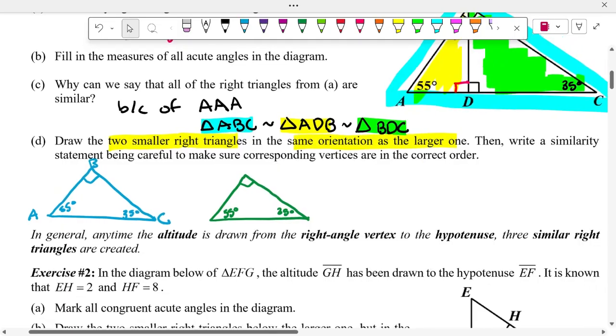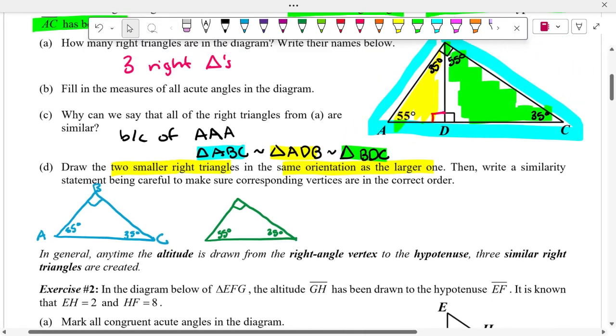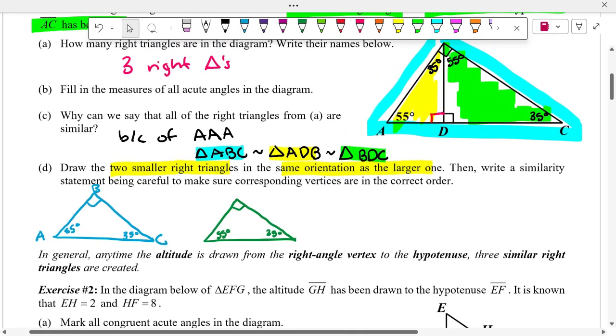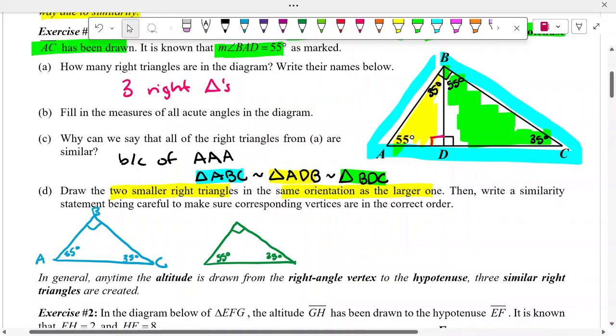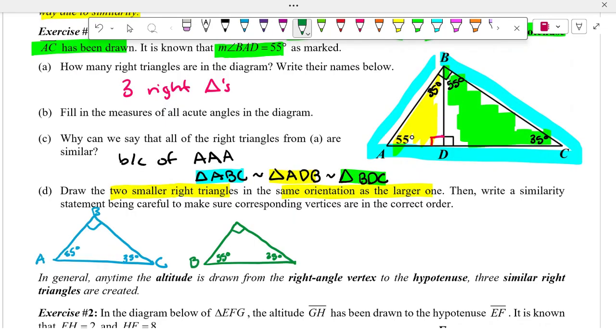All right. So what vertex would go with the 55 for the green triangle? Green triangle. What vertex goes with the green 55? B. What goes with the 90? D. What goes with the 35?